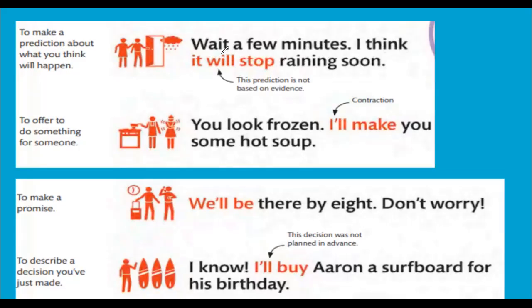You're making a prediction, but it's not really based on any evidence. So this person is telling the other to stay home a little longer. I think it will stop raining soon. So when it stops raining, then you can go out. We can see there are still clouds here, but they just think that it will stop raining soon. That's their idea.